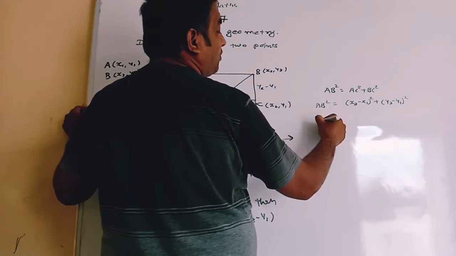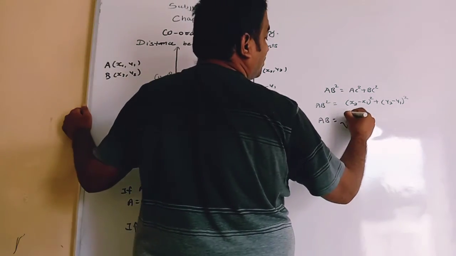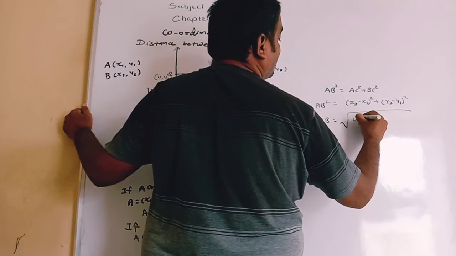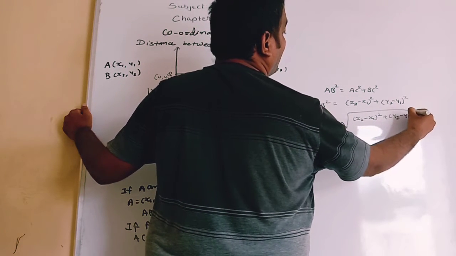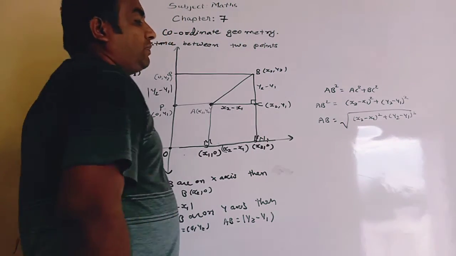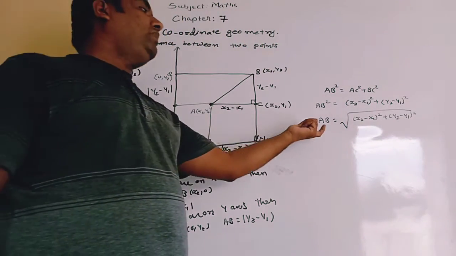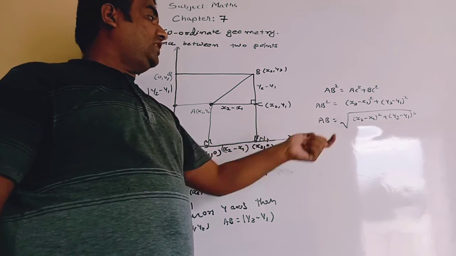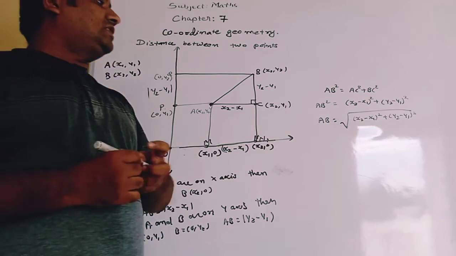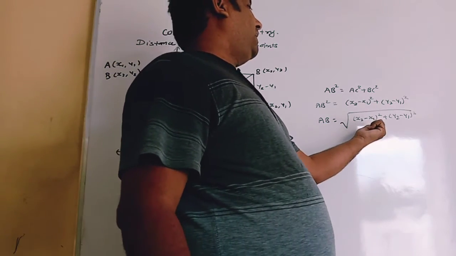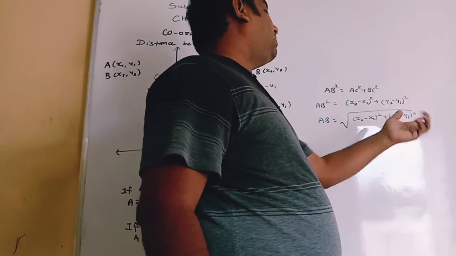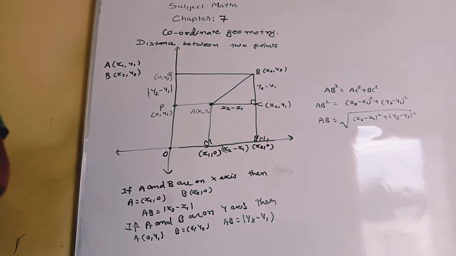Now we remove the square and write the square root, so it is the square root of (x2 minus x1) whole square plus (y2 minus y1) whole square. Here we will not write plus or minus because distance will always be taken as positive, and so the distance formula we have is AB equals under root (x2 minus x1) square plus (y2 minus y1) square.